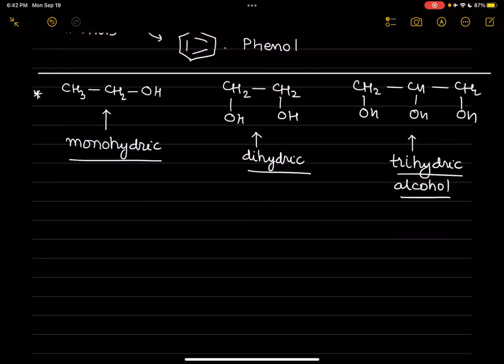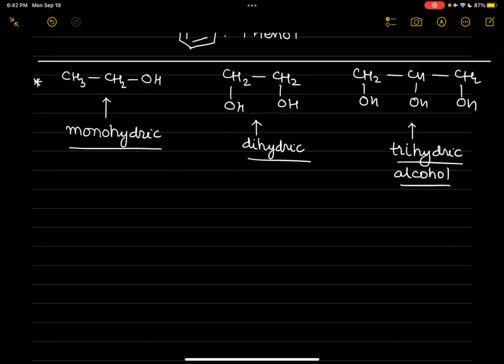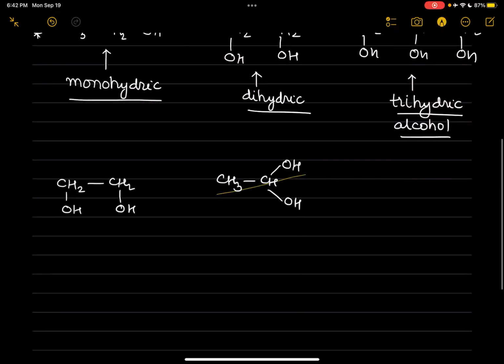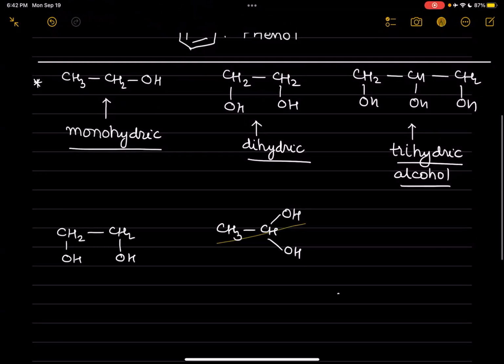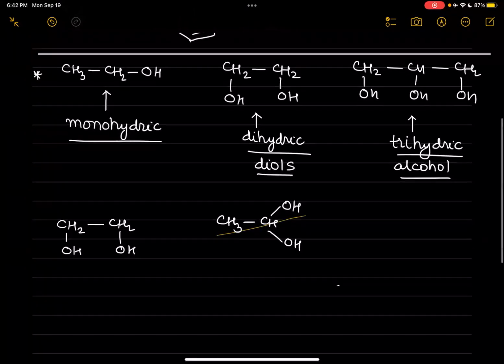The next thing: which classification is this one? Dihydric alcohols are known as diols. Diols means two OH groups, right?